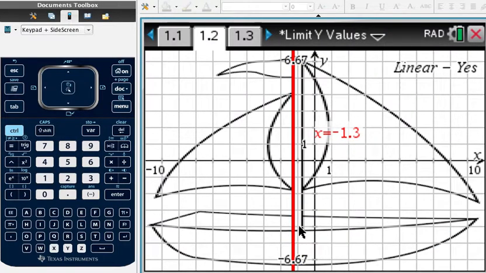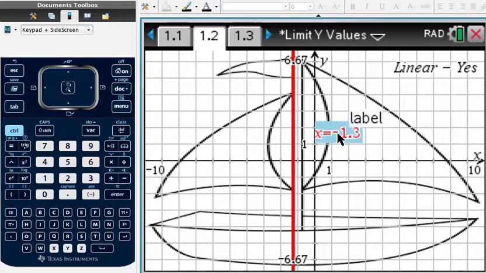When I do two different limits, I want to do the lowest point first and then the highest point. In this case, my lowest point is probably, let's see, 1, 2, 3, 4, about negative 4.2.